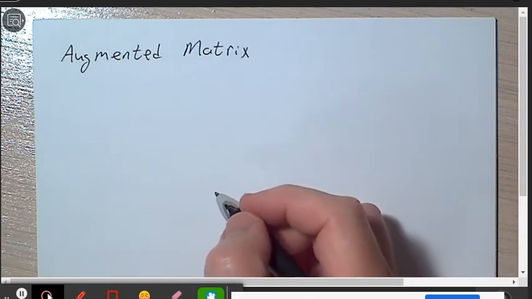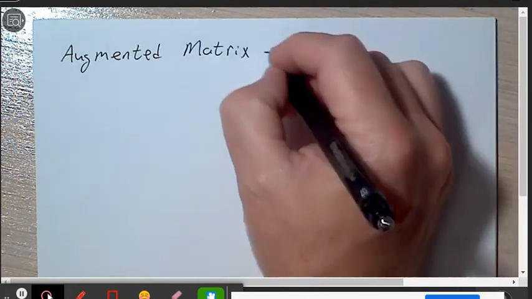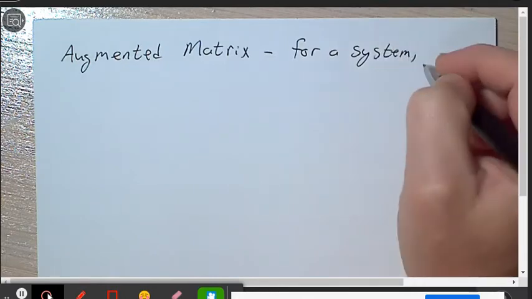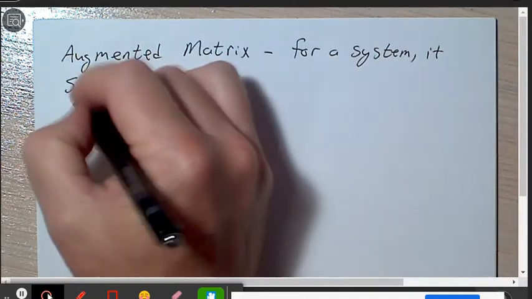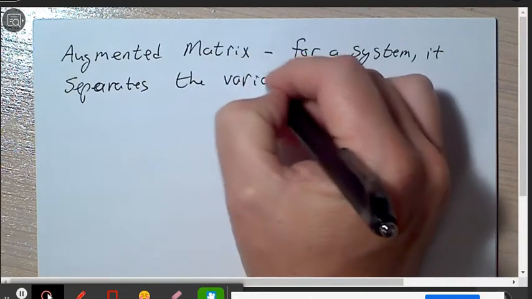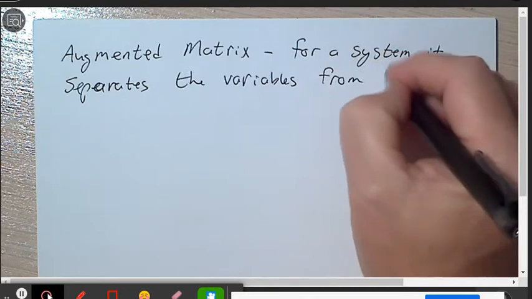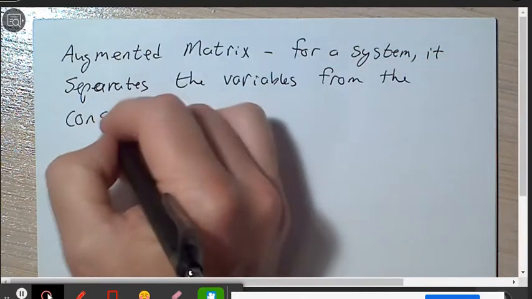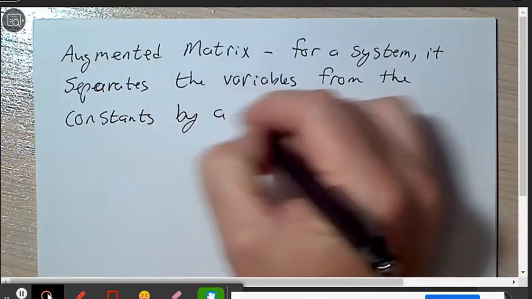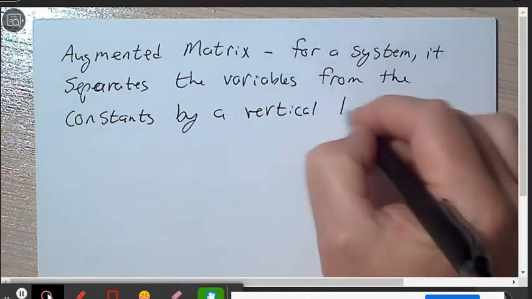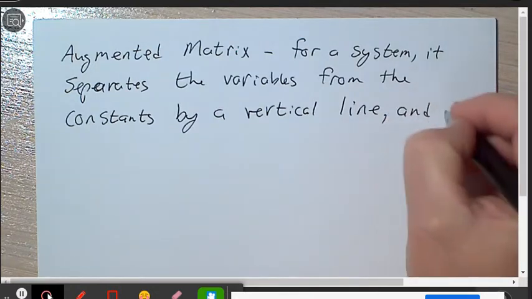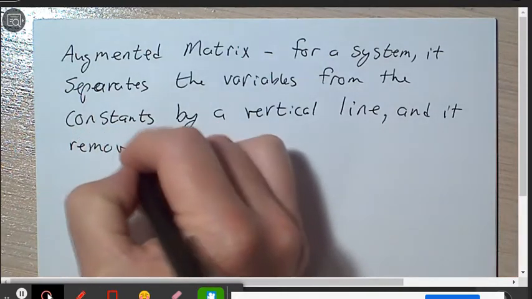And basically, for the augmented matrix, what it does is that for any system that you have, it separates the variables from the constants by a vertical line. And then also removes the variables.